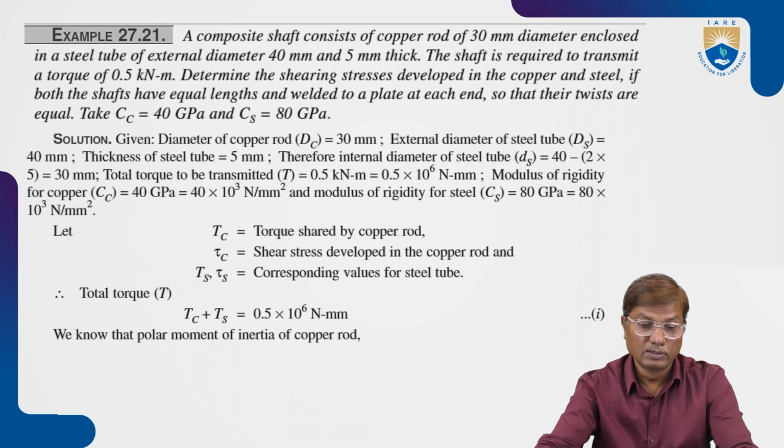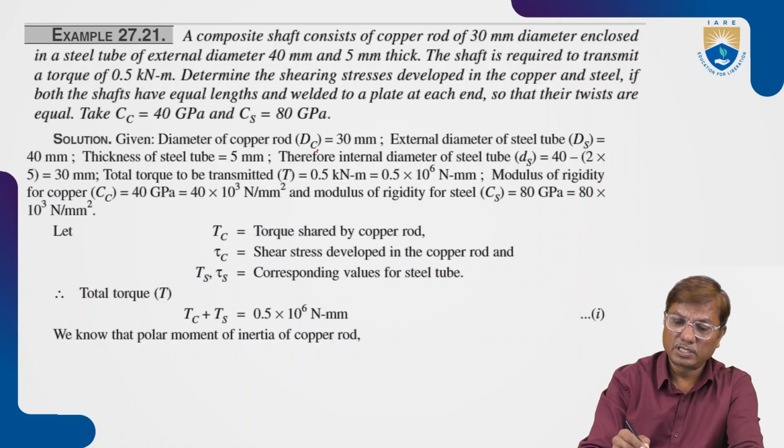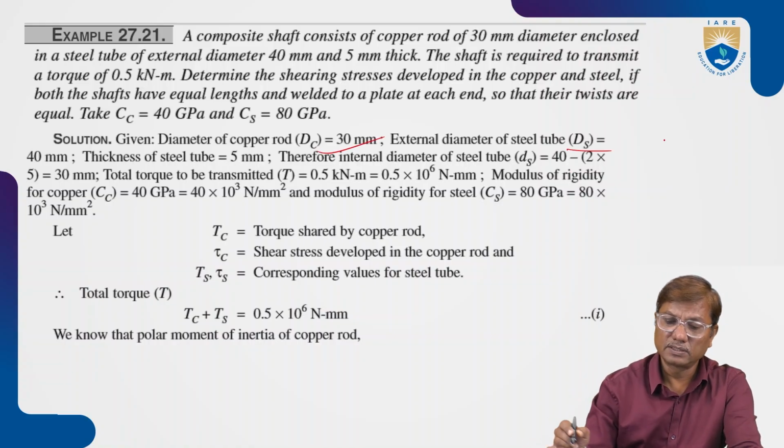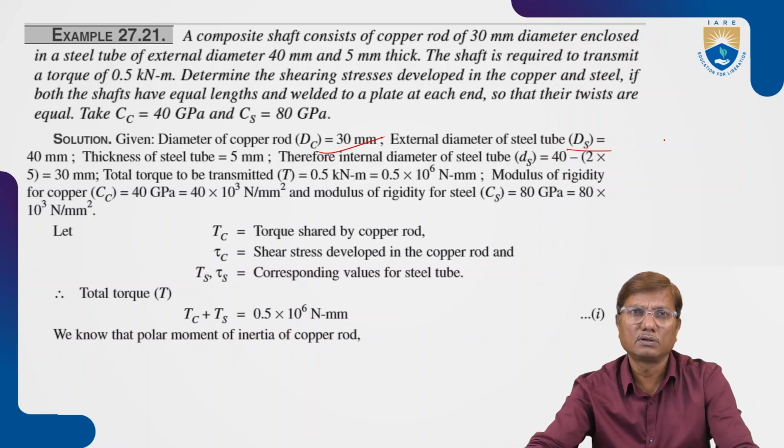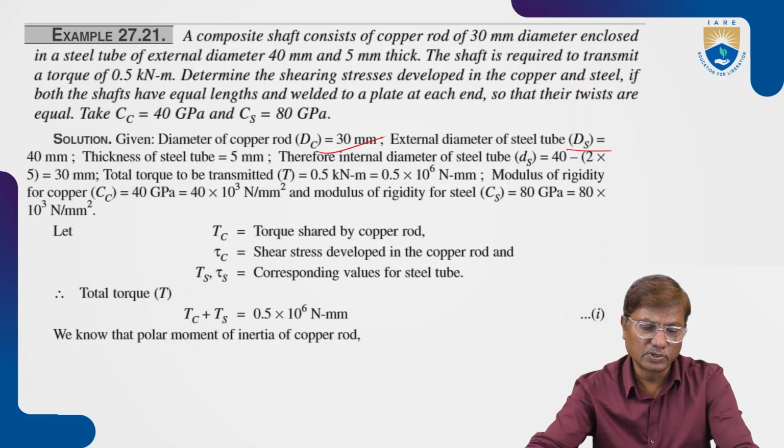Now, better note down the data whatever is given before proceeding to solve. Diameters are given. Diameter of copper rod which is enclosed in steel tube. The internal diameter of steel tube is 40 minus 10, thickness is 5.